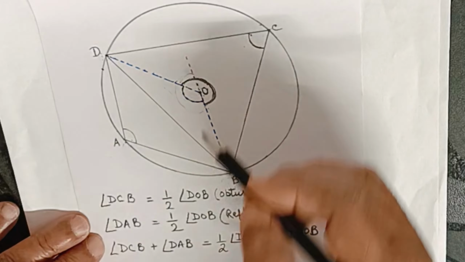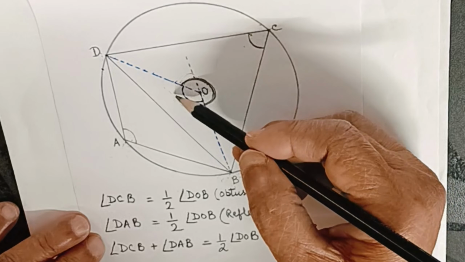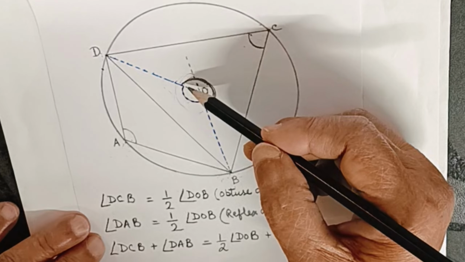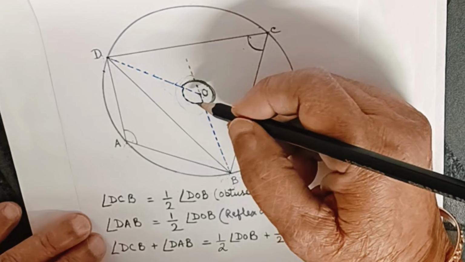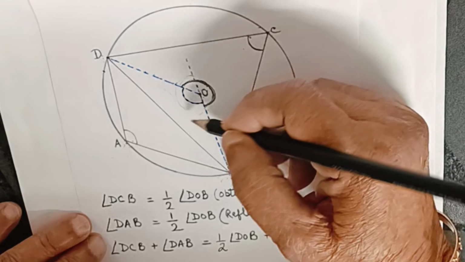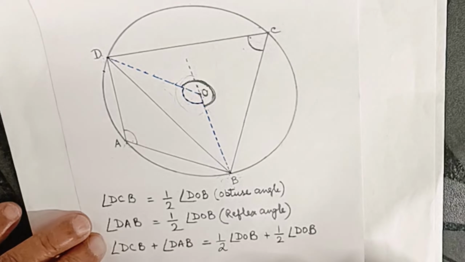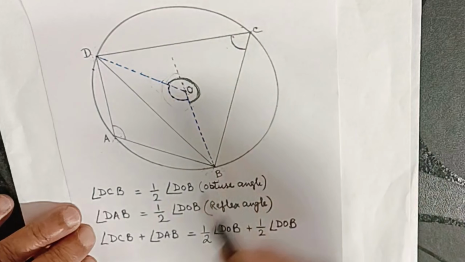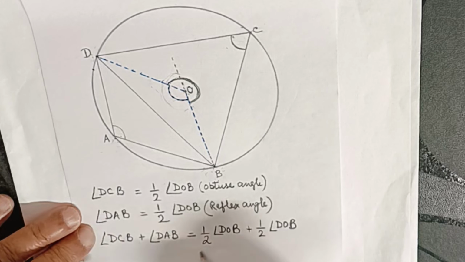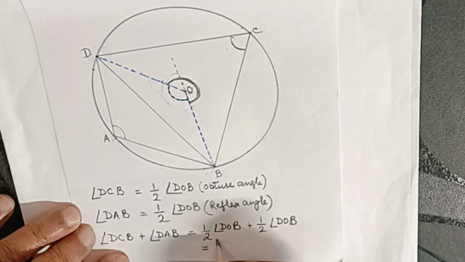Now we know that the complete angle around the center is 360 degrees because angles around a point always sum to 360 degrees. So what is the sum of DAB and DCB? Which is equal to, let us take half common.